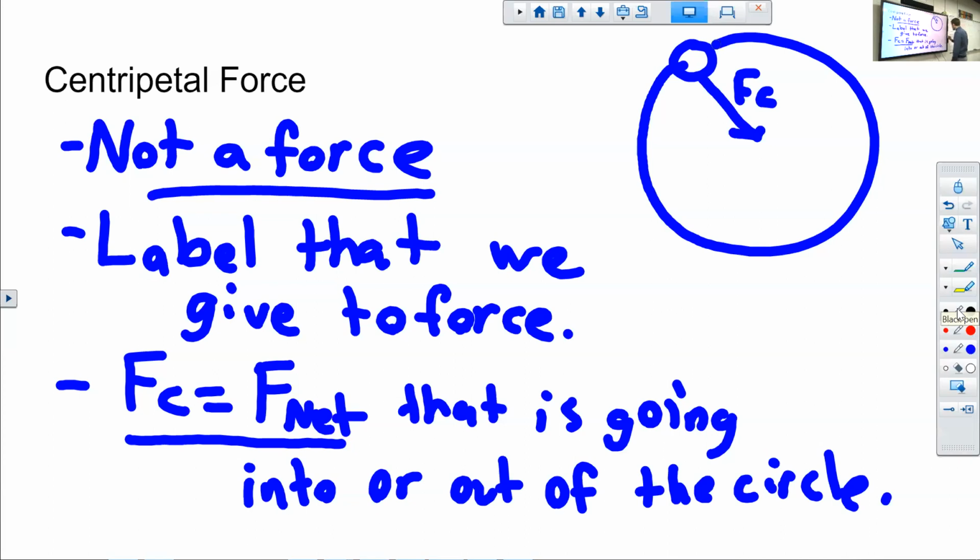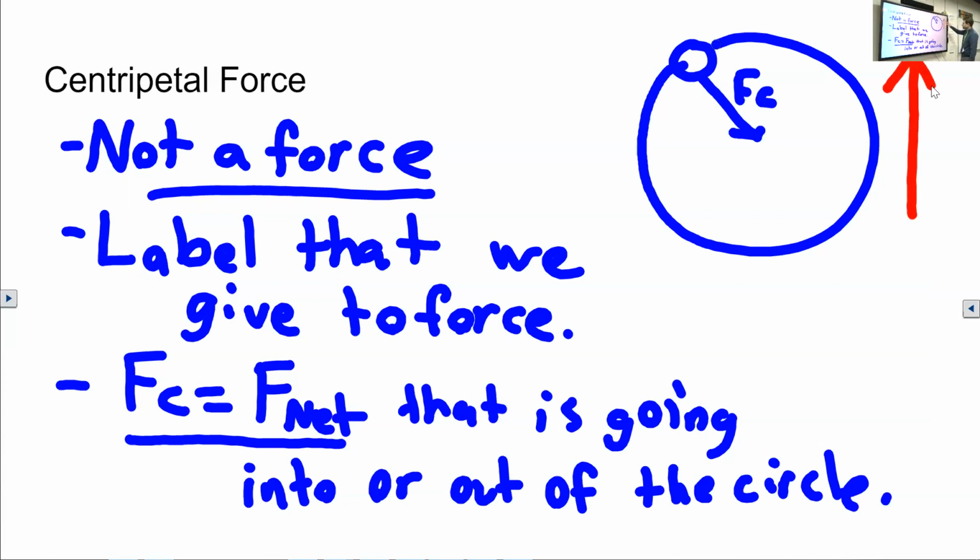An example here, if in my picture this way is up, what would be a force acting on this ball? There's tension, or whatever the centripetal force is. And what's the other one? Gravity, right? So we would have two arrows. We would add these up and we would get some kind of net force that doesn't point toward the center, it points this way.